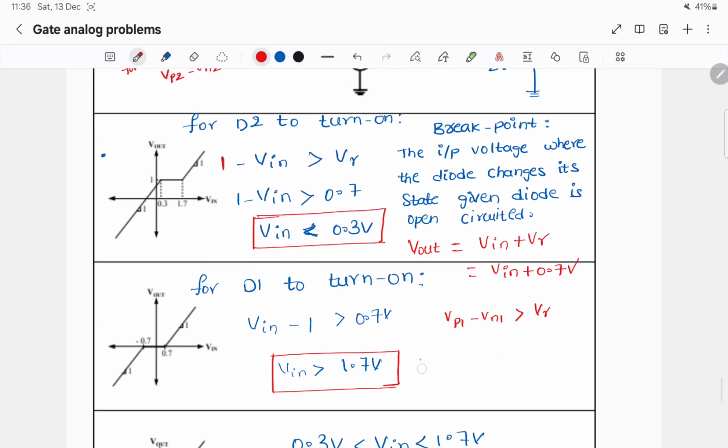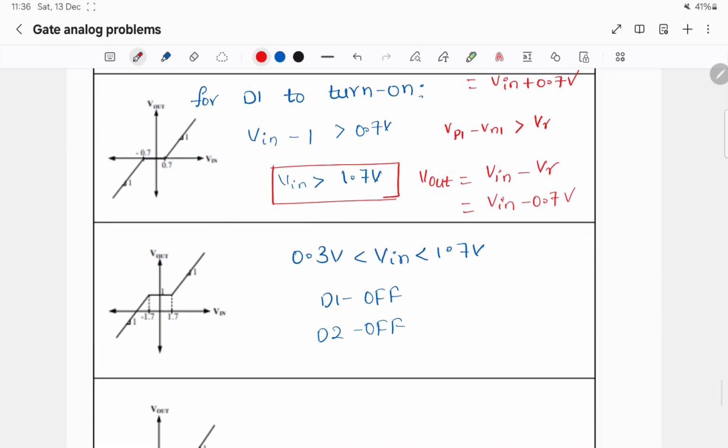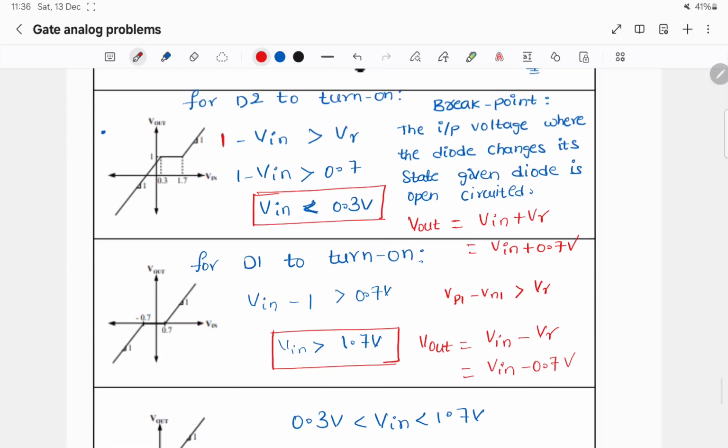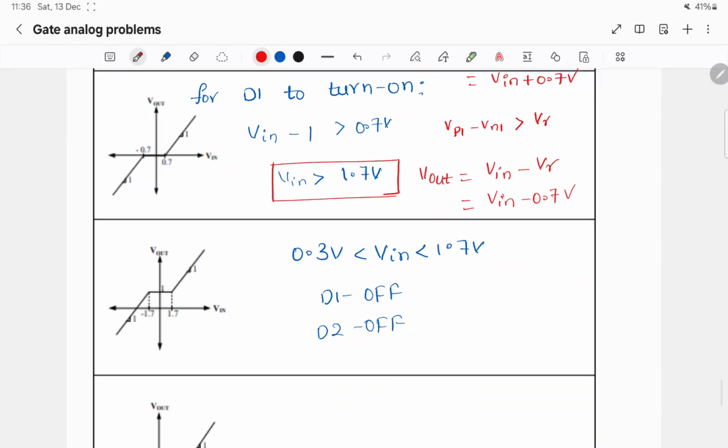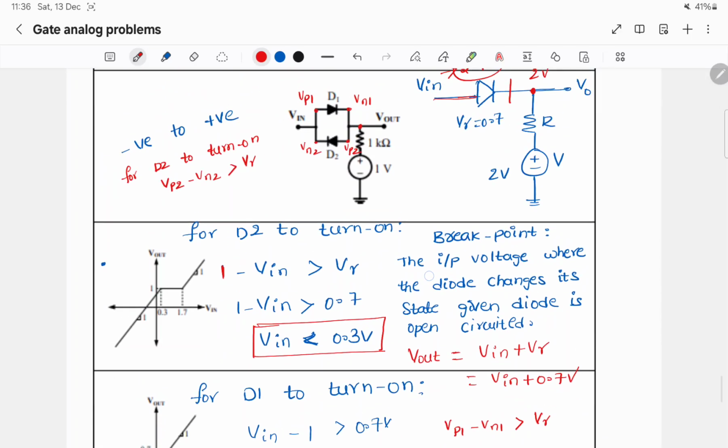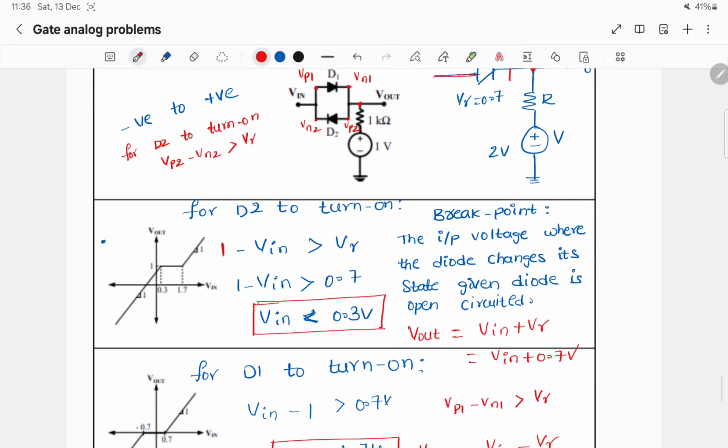In this case, V out is Vin minus V gamma. V gamma is 0.7 volts. Between 0.3 and 1.7 volts, both the diodes D1 and D2 will be off. So here the slope is 1.